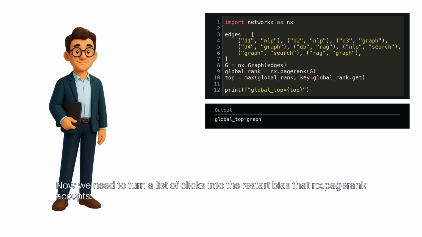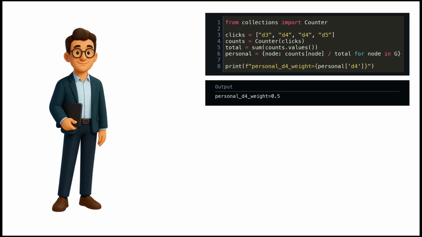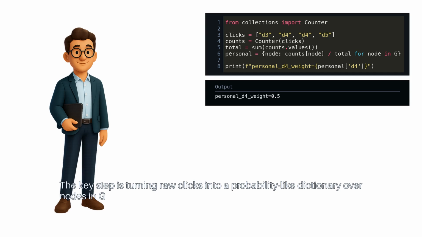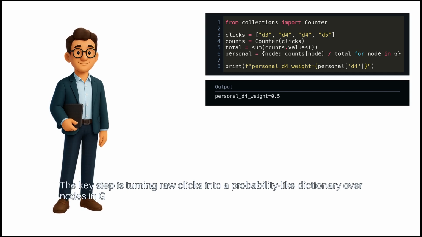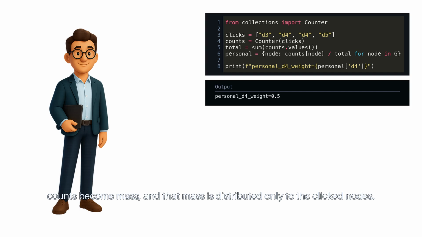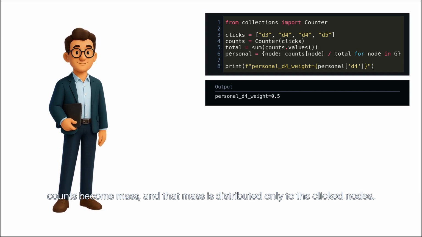Now we need to turn a list of clicks into the restart bias that nx.pagerank accepts. This example converts click history into the input shape NetworkX expects for personalized PageRank. The key step is turning raw clicks into a probability-like dictionary over nodes in G. Counts become mass, and that mass is distributed only to the clicked nodes.